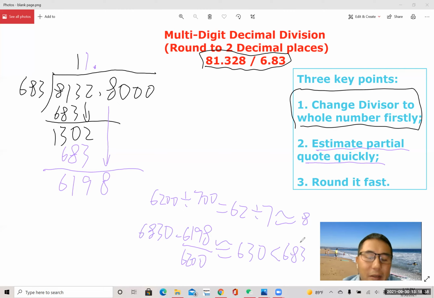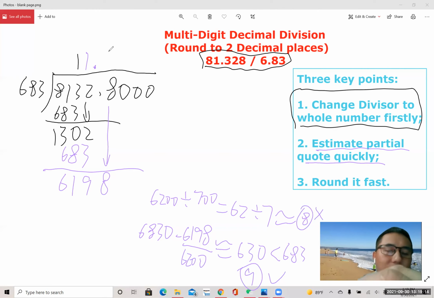So what does this mean? It means 6,830 and 6,198, their difference is less than the divisor. So that means that inside 6198 we should have 9 of the divisor. That means that this is the better estimation. This is not so good. So we can decide the partial quotient should be 9.